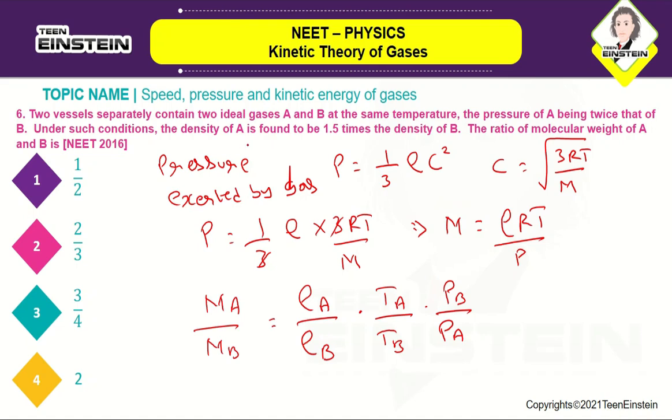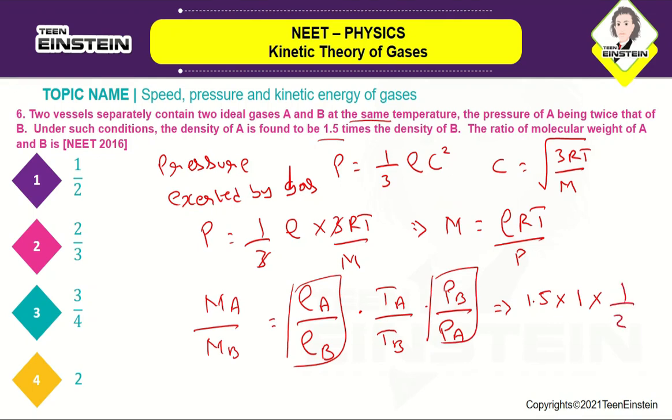So here the density ratio is found to be 1.5. So this will become 1.5 into the ratio of the temperature, which is the same, so it will be 1, into the pressure of A being twice that of B, so this will become 1 by 2.